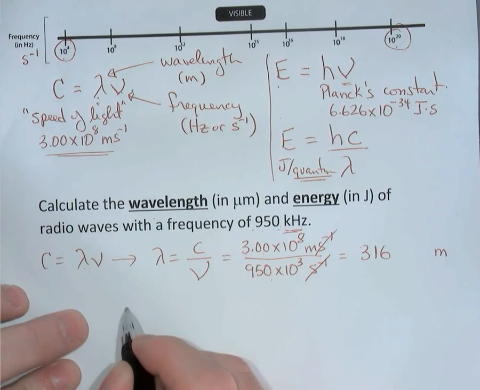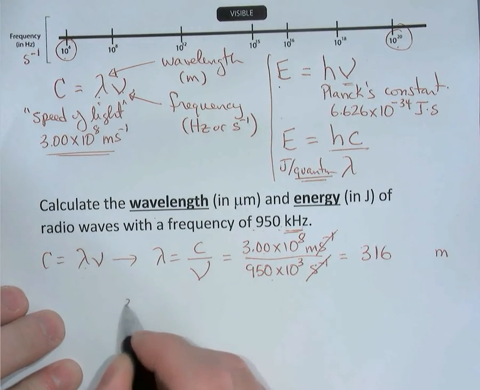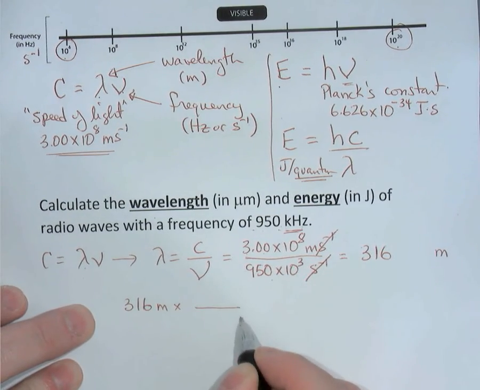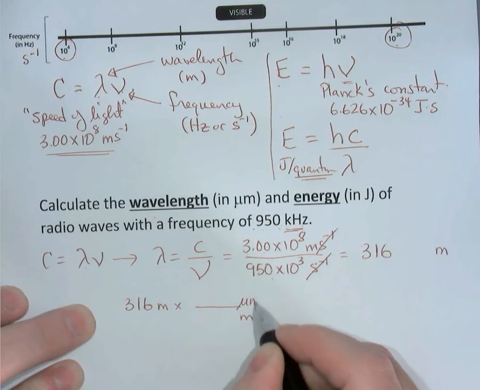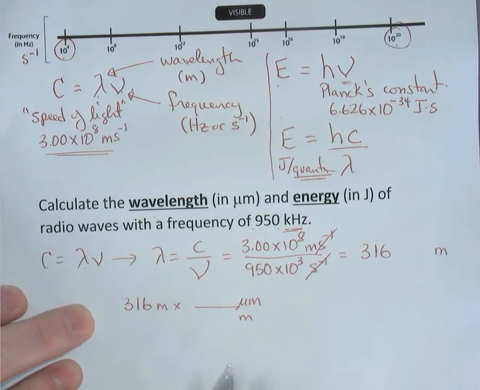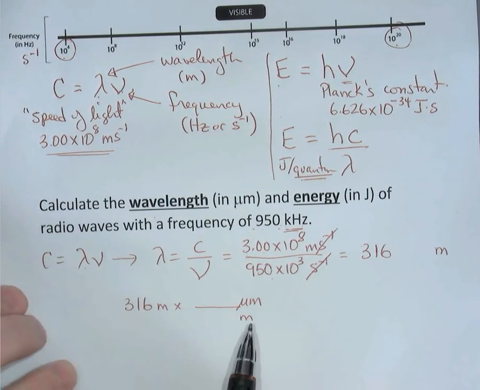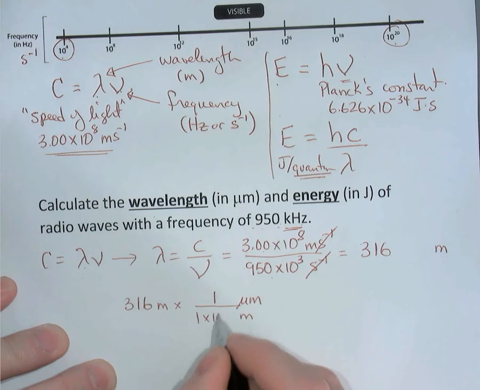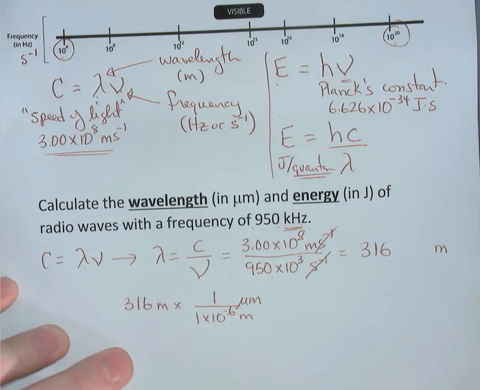Now the question said how many micrometers would that be? So let's just do a simple unit multiplier conversion. 316 meters. I'll get rid of meter, then I'll switch to micrometer. The conversion, if you don't know it, is in your data booklet on page 2 or 3 at the bottom. 1 micrometer is 1 times 10 to the minus 6 meters. Very, very small unit.